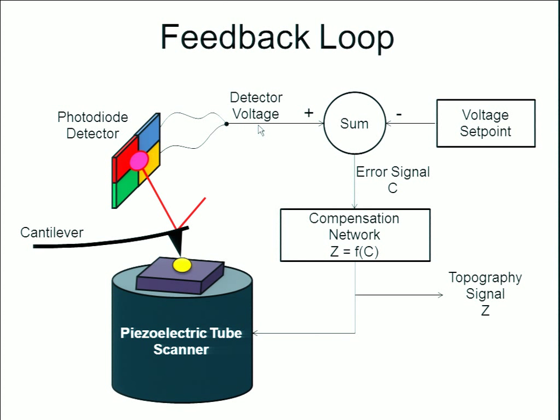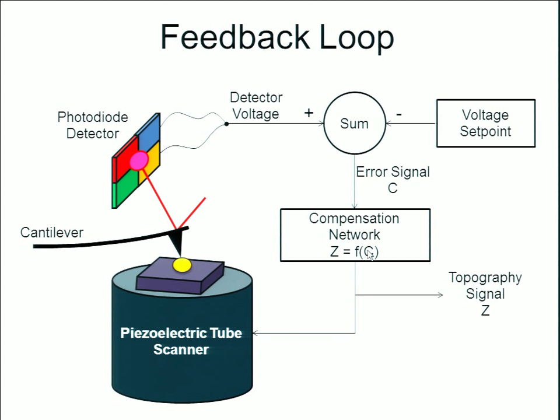Now that detector voltage will be above the original voltage, which was the set point. The difference between those two, the original set point and the new detection voltage, is called an error signal. This error signal is what is stored at that XY coordinate, and that signal is also sent to your compensation network or feedback loop.